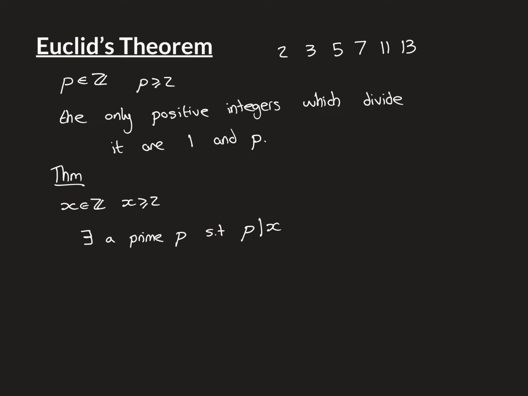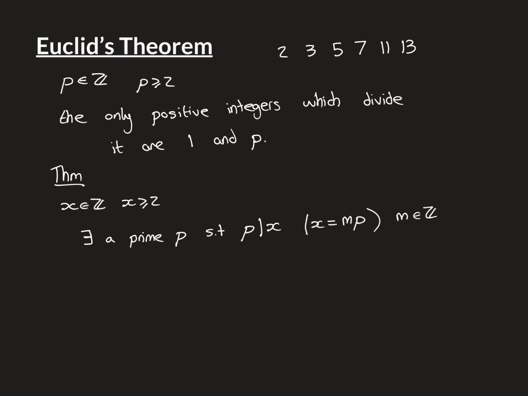So this is a bit of number theory notation. This is read p divides x, and this just means that x is an integer multiple of p. So it means that there exists some m which is an integer such that x is equal to m times p. And m in this expression is allowed to be any integer, so including 1, for example.